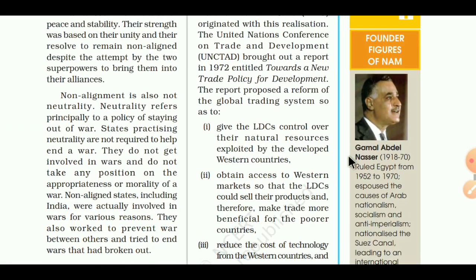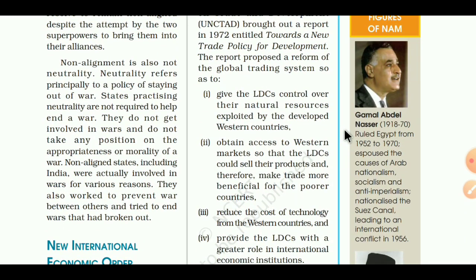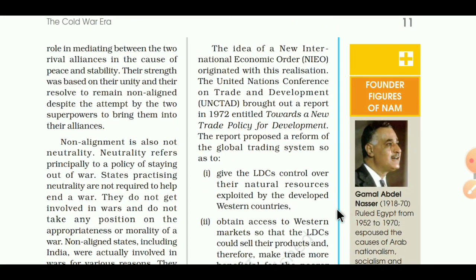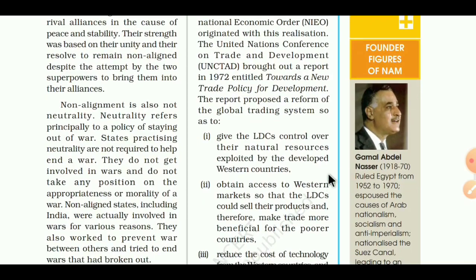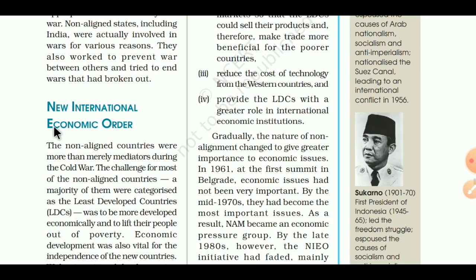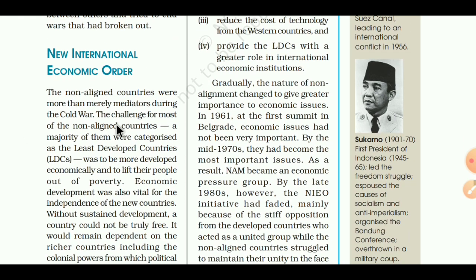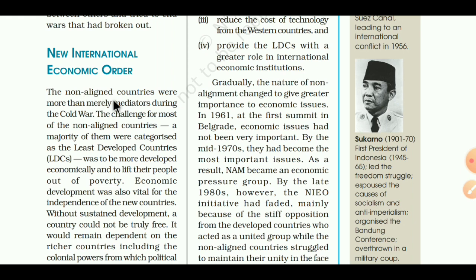But this chapter has given many things. One thing you need to know is what the new international economic order is. Non-aligned countries were more than merely mediators during the Cold War.